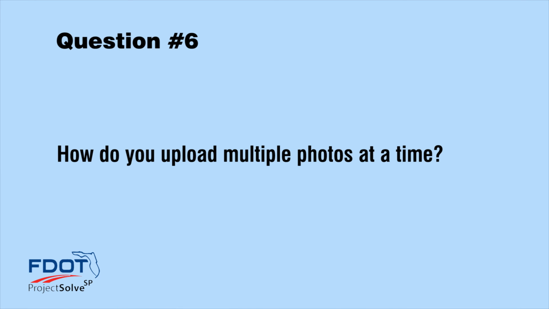There's a question here about how do you upload multiple photos at a time. I'm not sure exactly how we would do that, but I think the photo is another library that exists on the project site, and it probably is possible to upload multiple photos. There's a library called Photos and then another library called Slideshow Photos, so you can selectively put them in either one that you want.